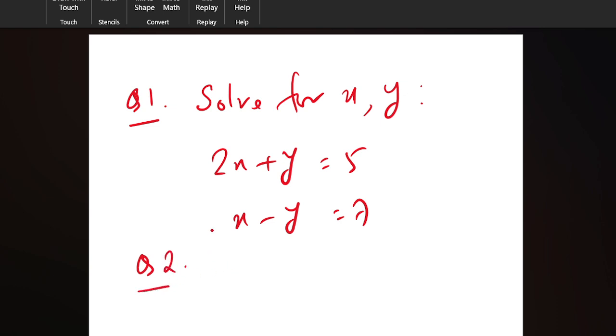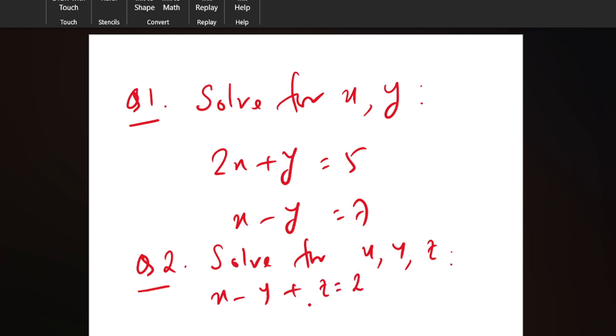Next is: solve for x, y, z. Suppose x minus y plus z equals 2, x plus 2y equals 3, and next, x plus y minus 2z equals 5.